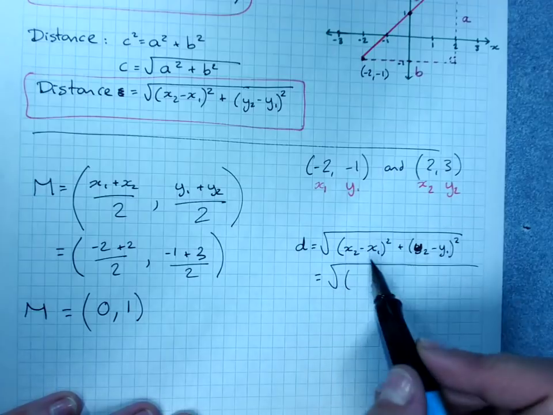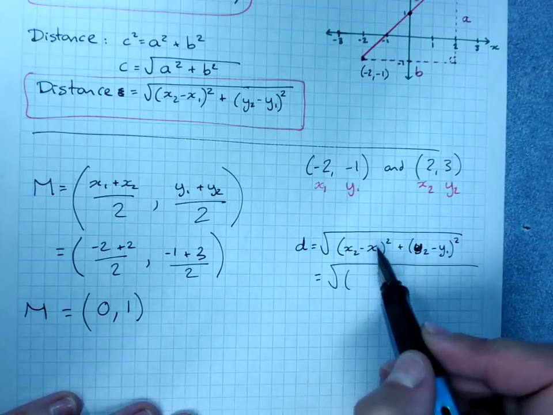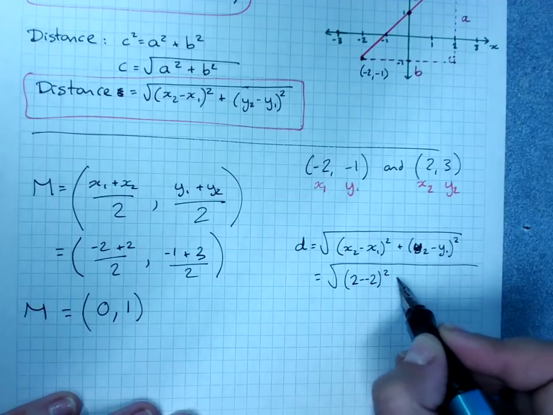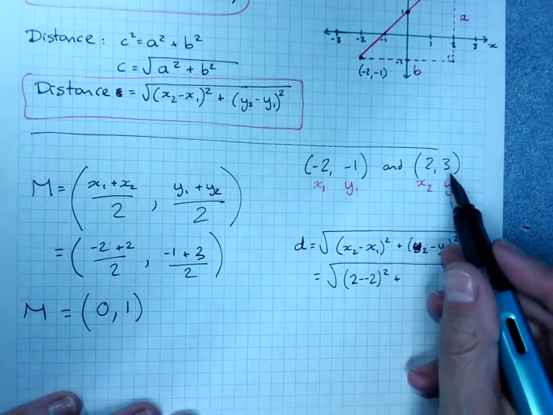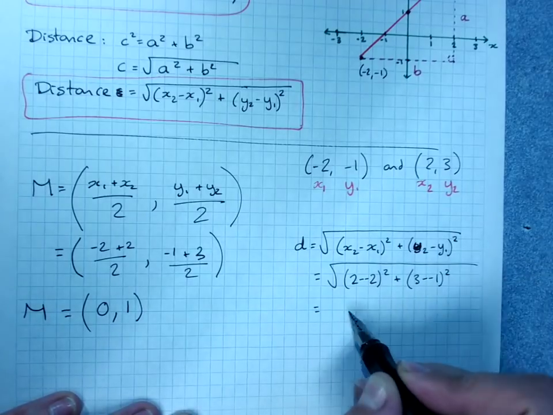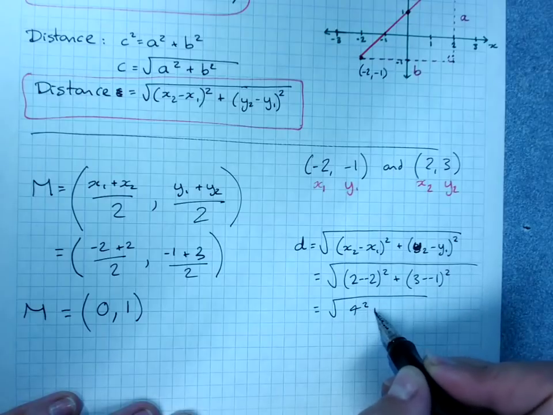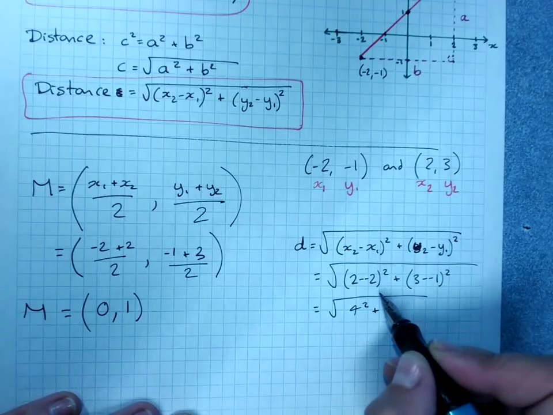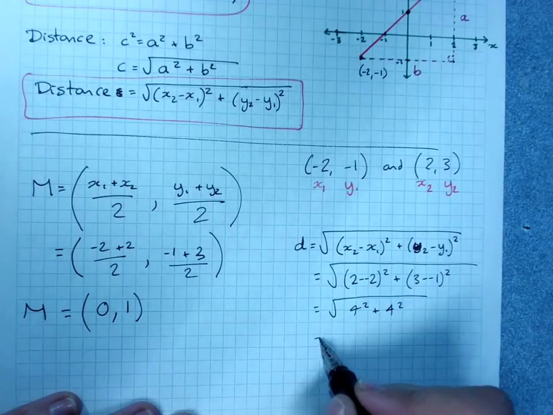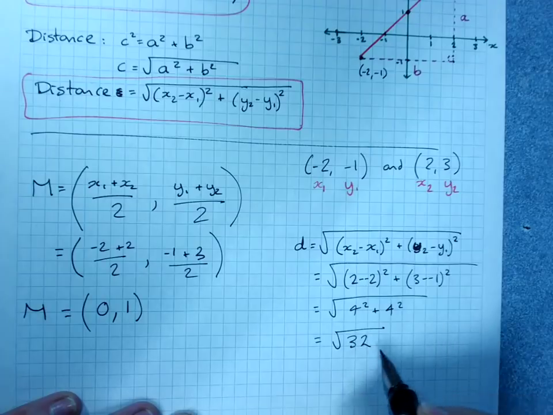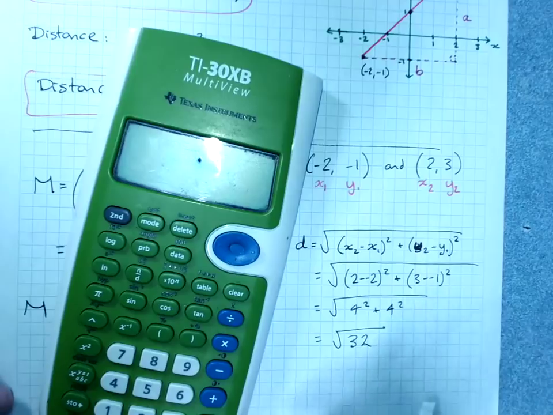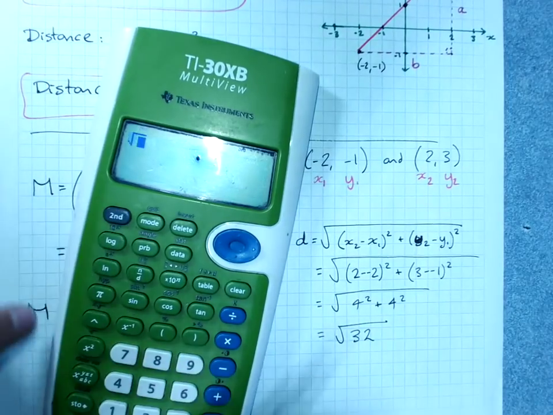So this will be 2 minus negative 2 squared plus y2, 3 minus negative 1, which will be the square root of 4 squared plus 4 squared. Right. Square root of 32, because I did 16 plus 16, square root of 32.